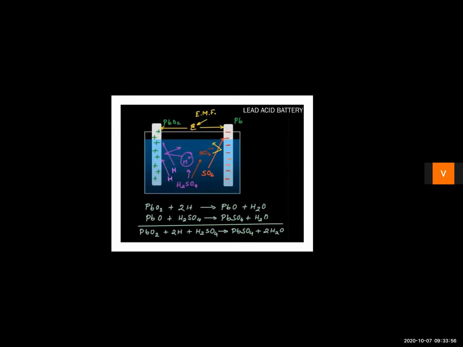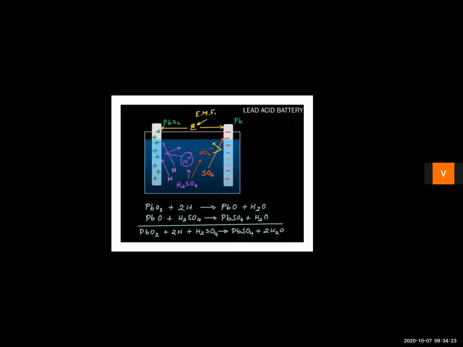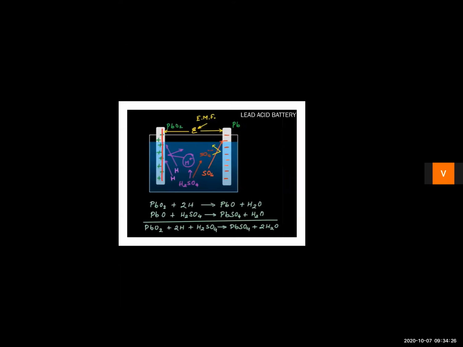Now let us consider a lead acid battery. This is your lead acid battery. Inside the lead acid battery, it consists of two plates. This is plate number 1, and this is your plate number 2.